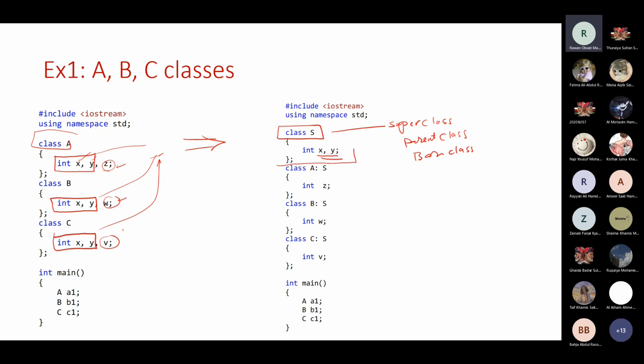Now the rest of the classes: class A, and I put this colon, which means inheritance, will inherit everything from S, and I will add integer Z, the remaining.